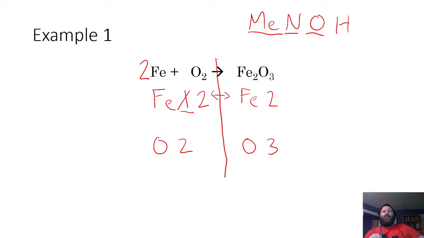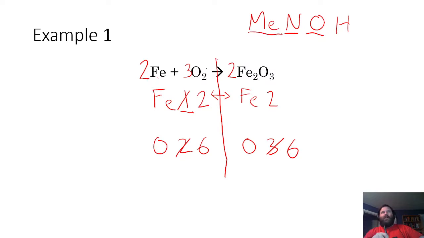Well, we have 3 over here and 2 over here. The lowest common multiple of those two is going to be 6. So if we put a 2 out front here and a 3 out front here, then this 2 becomes 6 and this 3 becomes 6.